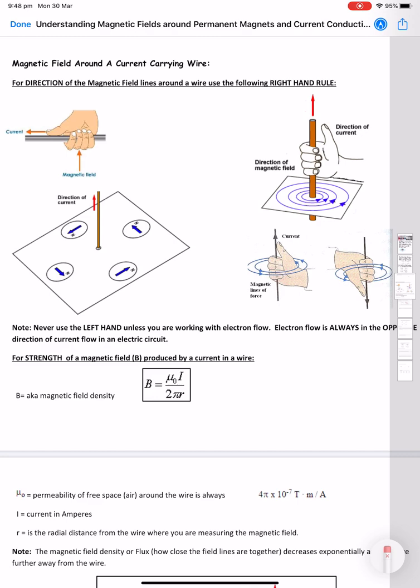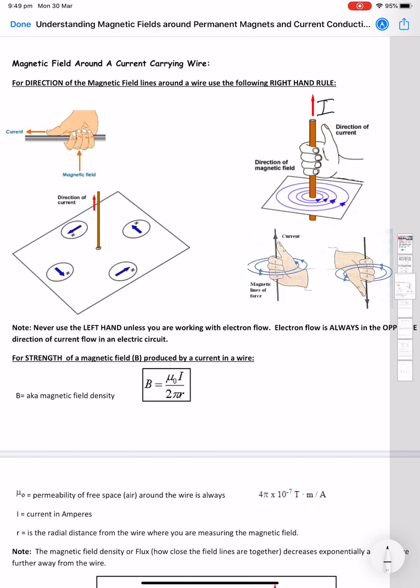Now, it's important to know the right hand rule. The right hand rule is if you're imagining positive charge is moving through the wire. And of course, this is not the case, but whenever we're dealing with I, the current, you're imagining that positive charge is moving.